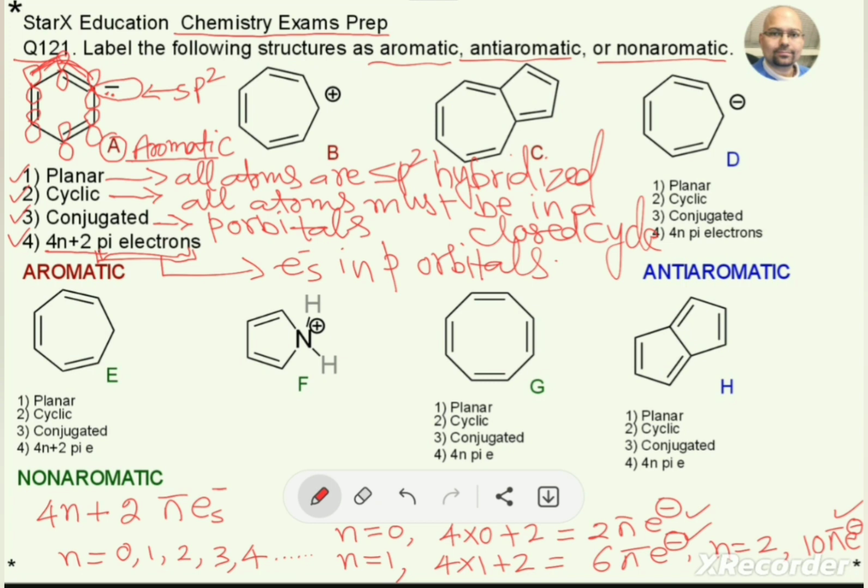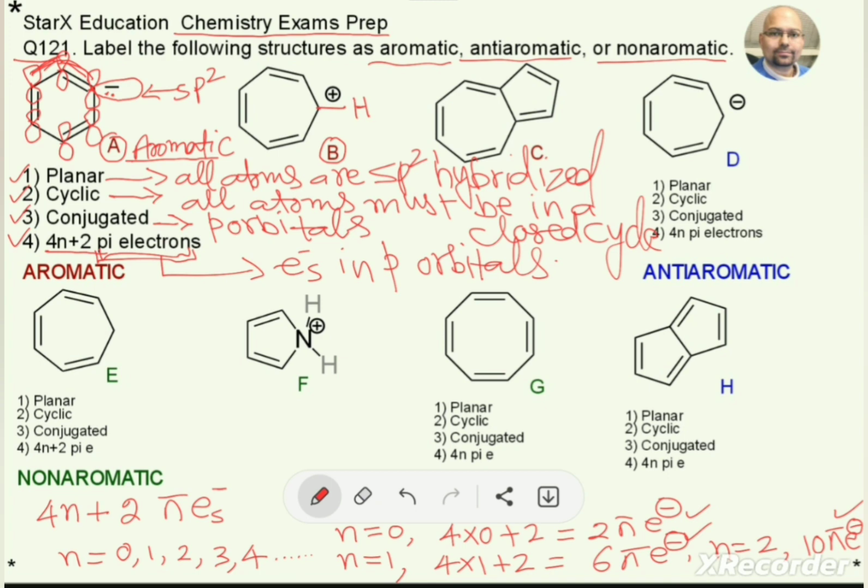Now if we look at species B, we see that there are again 6 pi electrons. There is a positive charge on this carbon here, which is a carbocation. There is one hydrogen here which I just drew. Now the question is, is this still fulfilling all the 4 criteria? Is the molecule planar?